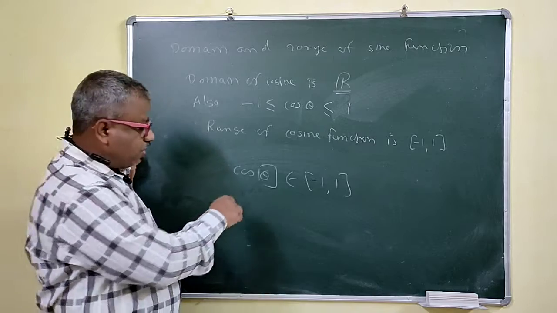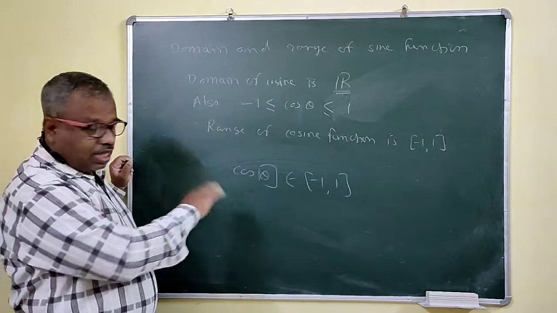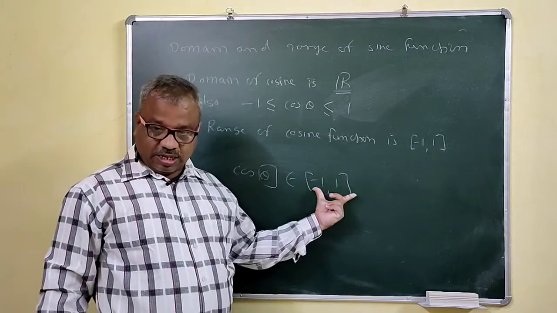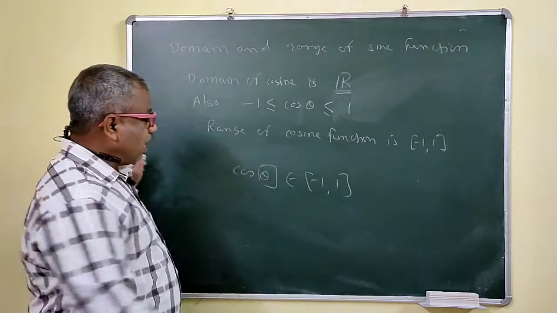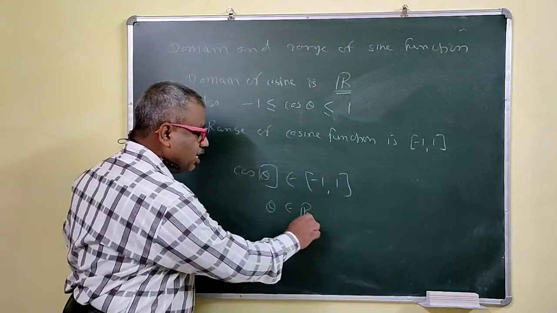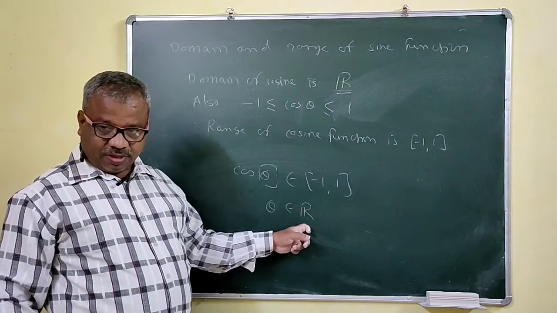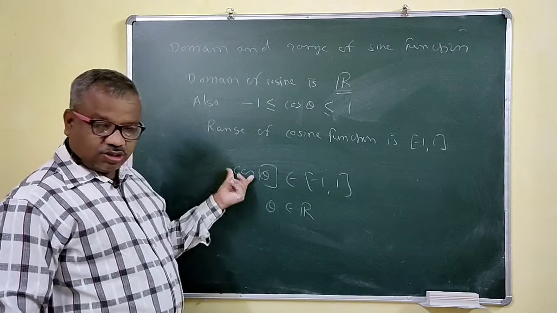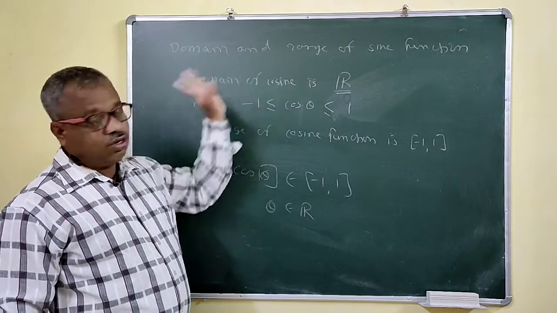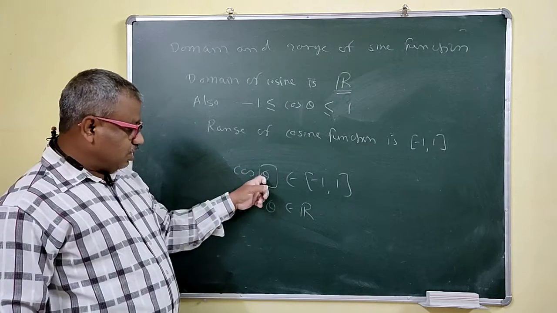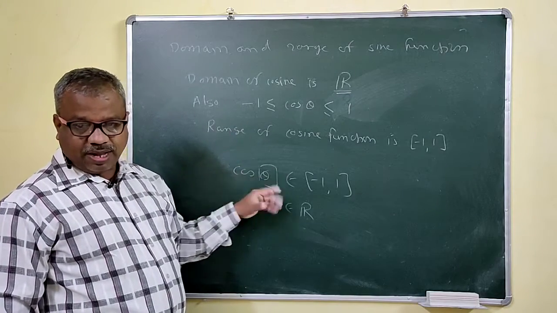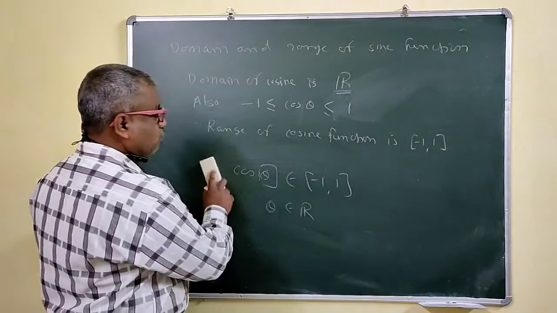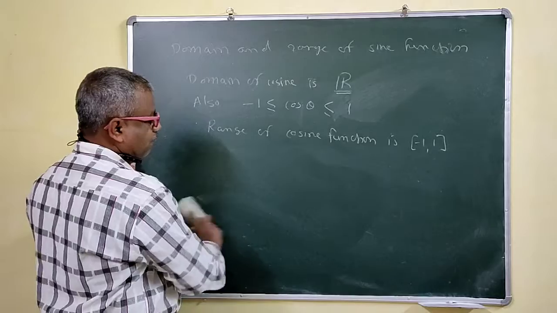It jumps to the codomain, it is in the range. And theta is in the domain. If you want to apply any function on an element, that element should be in the domain. If it is not in the domain, you cannot apply that function. So you are applying the cosine function here, so theta should be in the domain of the cosine function.